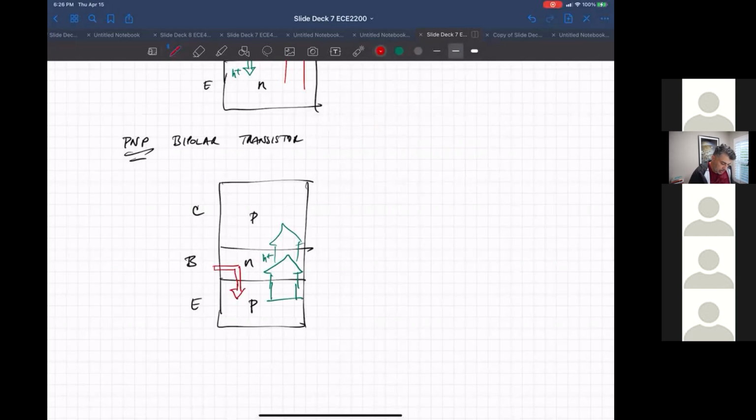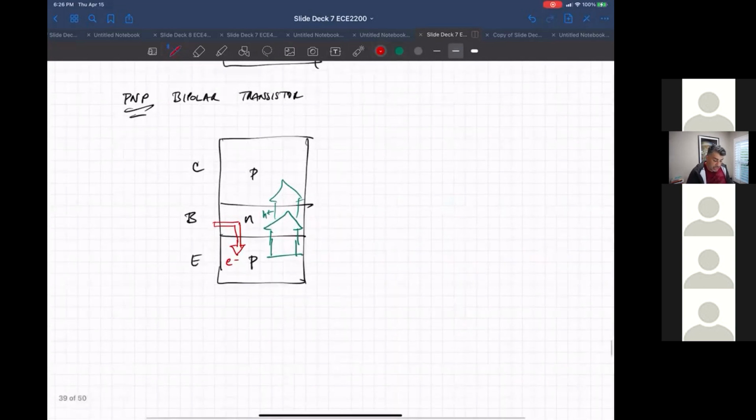So everything gets inverted in a PNP as compared to an NPN. All our equations end up being similar, except all the voltages and currents are inverted. It's kind of like an alternate universe here.